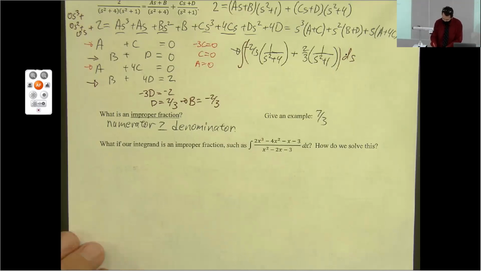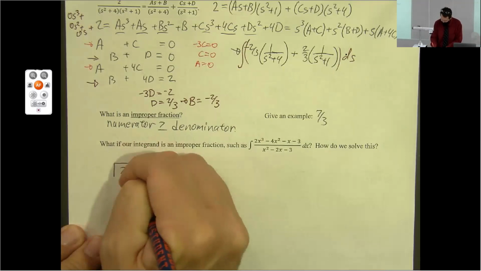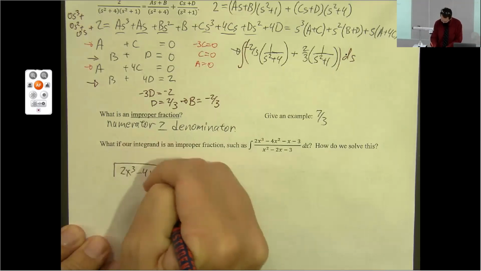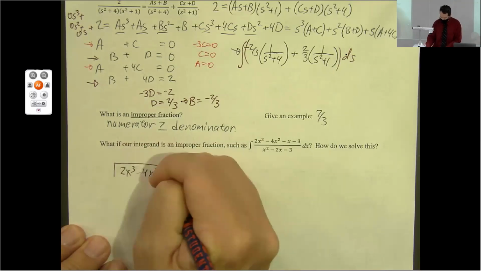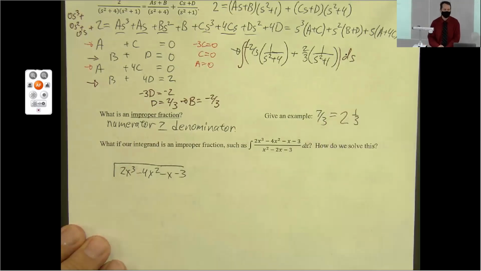Here's the key. 7/3 is really 2 and 1/3. But where did the 2 come from? You divided the 3 into the 7 to see how many whole times it went in, and then saw the remainder.